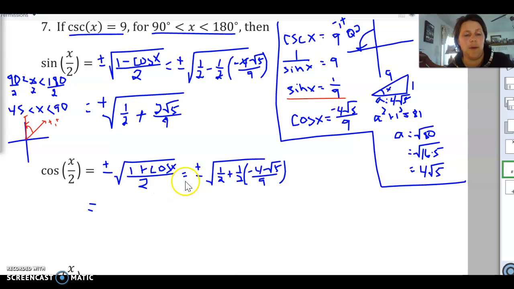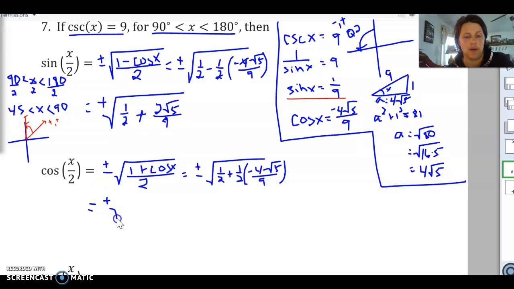And did we want the positive or the negative for this one? This cosine, this is for our half angle identity, so we're pulling from this domain over here, our x over 2. Once we take that domain and solve for x, we need it to be in quadrant 1. So cosine is going to be positive also.